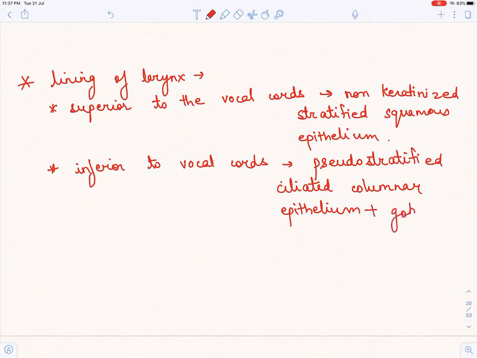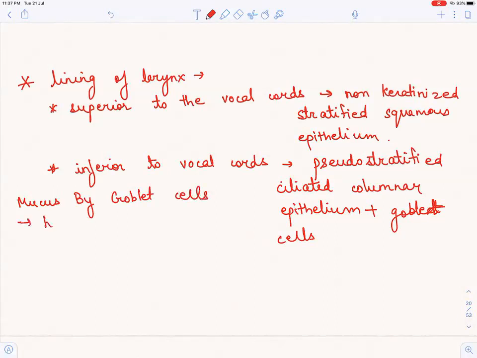Plus goblet cells. We know what goblet cells do. They secrete mucus. And what is the function of the mucus that is produced by goblet cells?